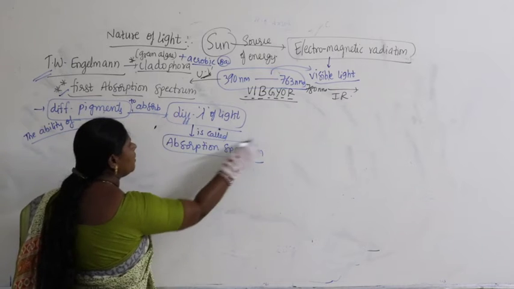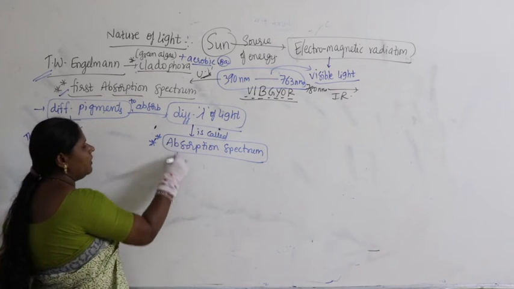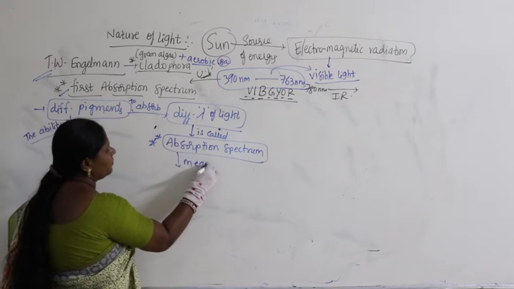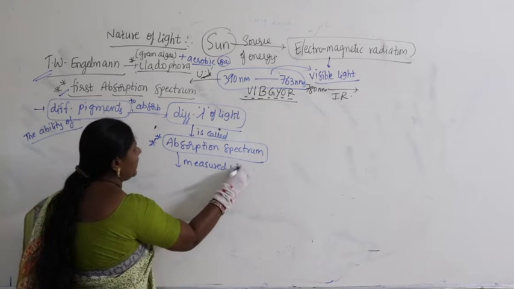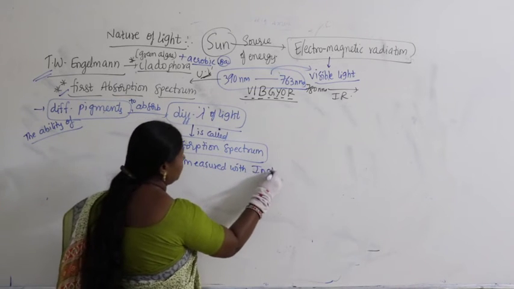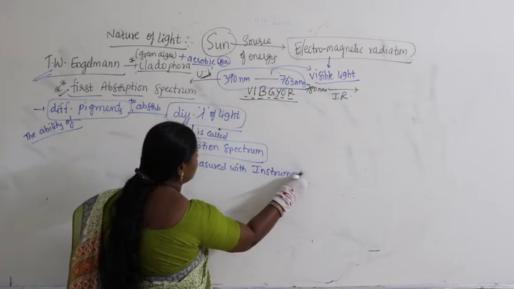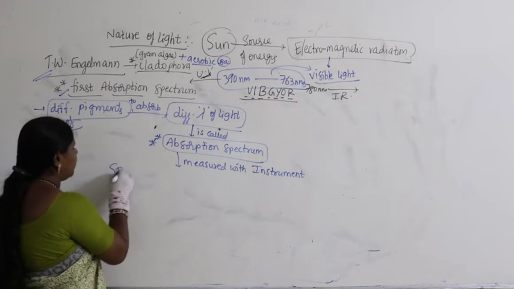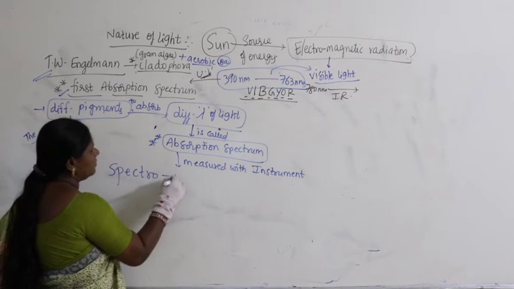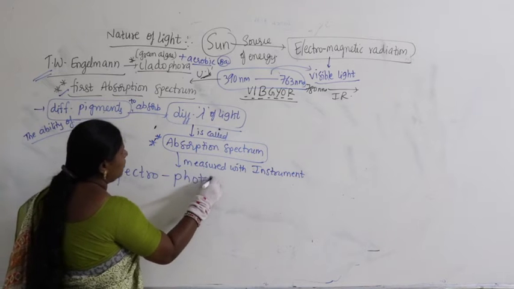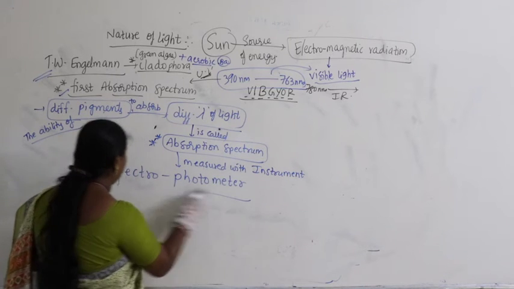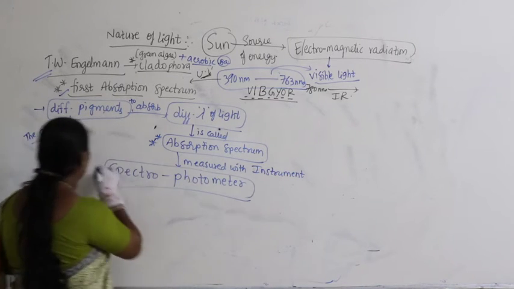And this absorption of light can be measured with an instrument called a spectrophotometer. Very, very important.